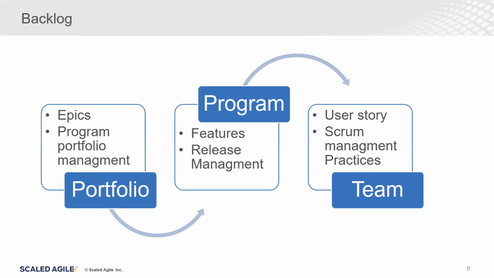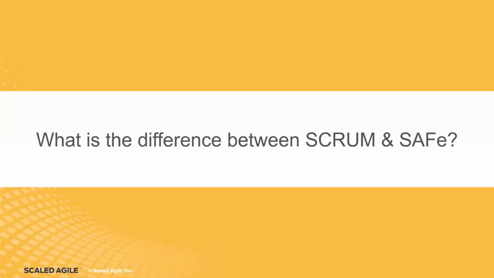In the portfolio you could see epics and portfolio management, whereas in the program you could see the features, and it maintains release management, like what can be released during this period. And at the team level, we follow completely Scrum practices: user stories, sprint reviews, sprint planning meetings, everything at the sprint level.